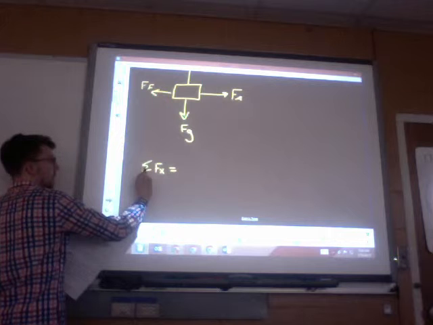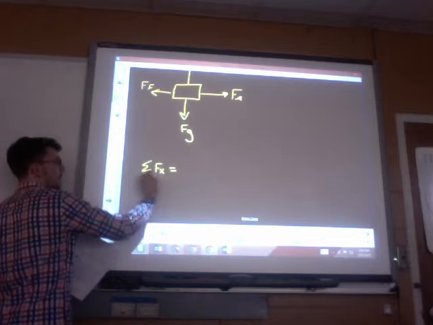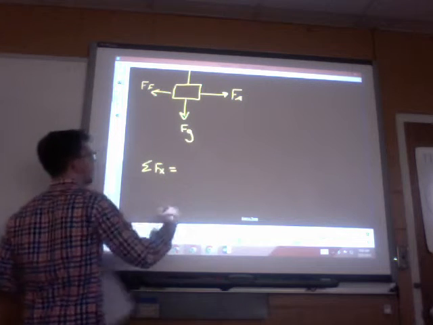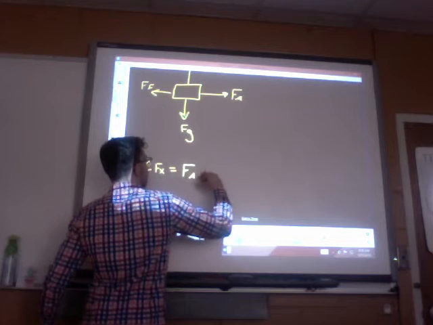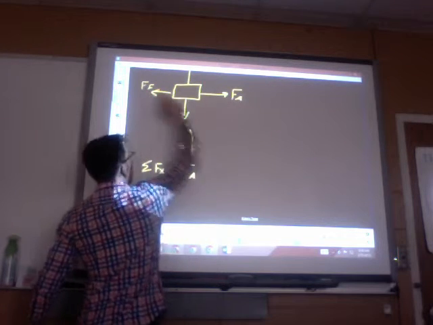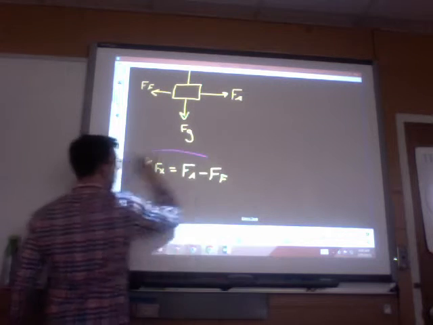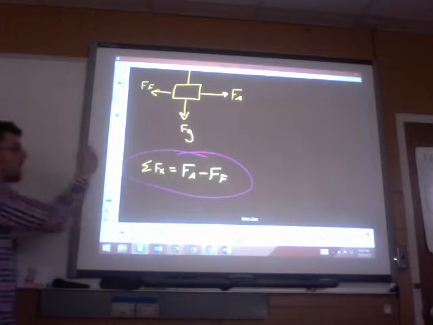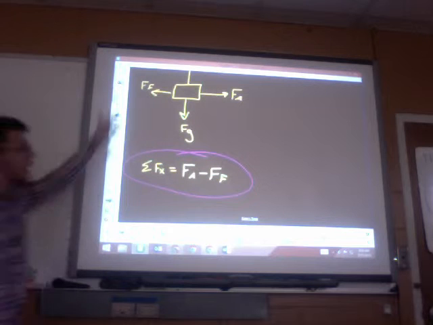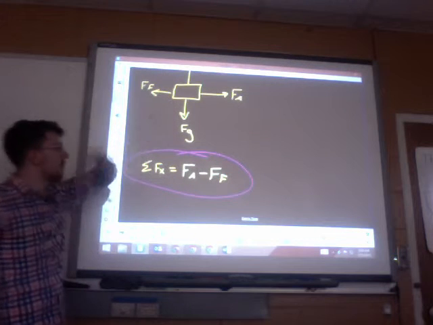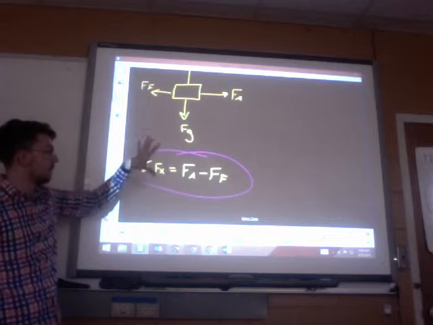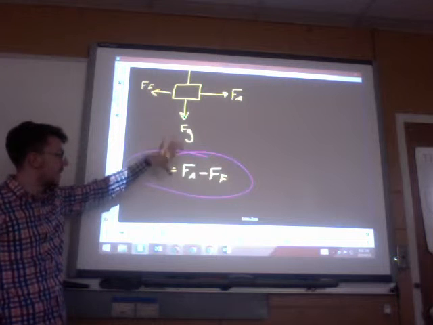So this is sigma Fx. It means the sum of the horizontal forces, and that means it's Fa minus Ff. This equation will not be given to you. I made that equation up just now based on my picture. I'll give you all the equations you need except for these net force equations.